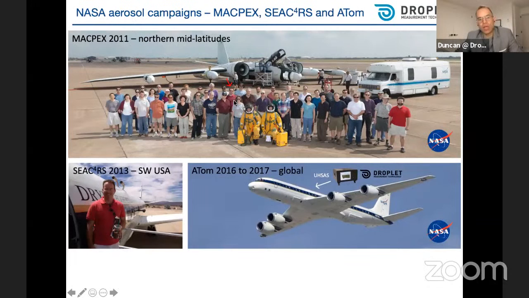But there's also data from a subsequent campaign with the NASA DC-8 called SEAC4RS in the southwestern US. And then finally, a global campaign called ATom, where I show a snapshot of data that was collected globally using one of our instruments that we build at Droplet Measurement Technologies called the UHSAS, Ultra High Sensitivity Aerosol Spectrometer.